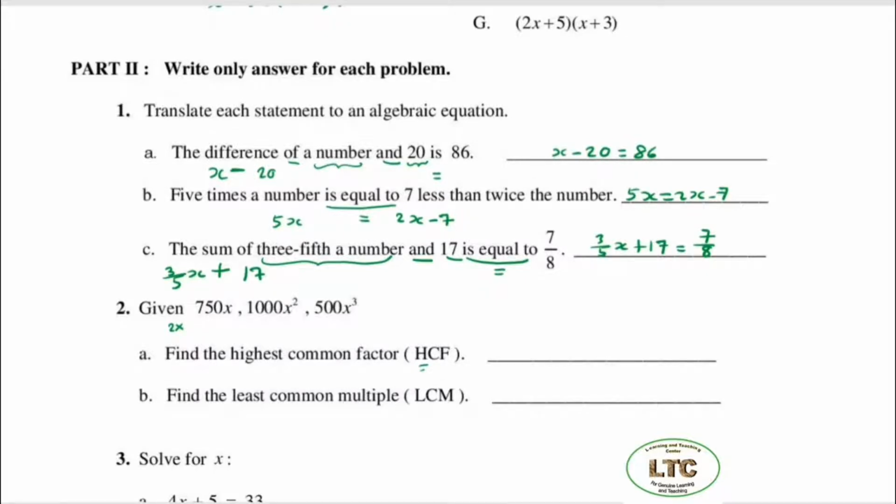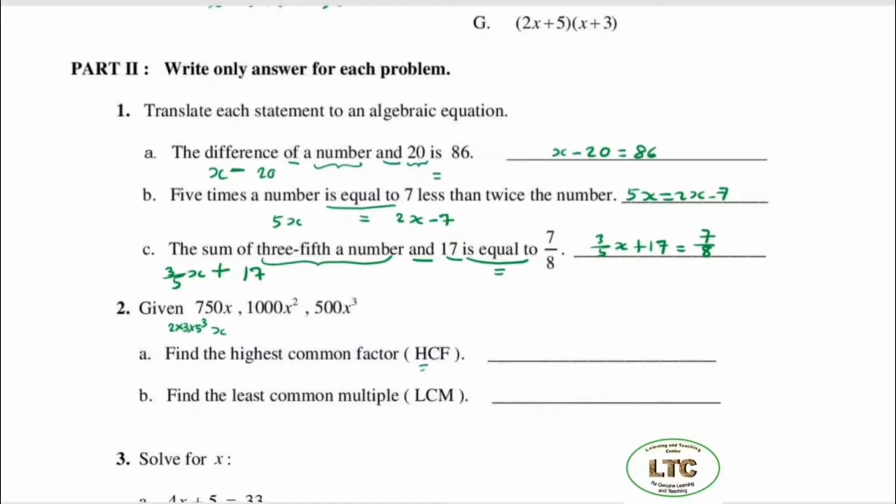So 2 times 3 times 125. 125 divided by 5 is equal to 25. 25 is 5 squared, therefore 5 power 3. 5 power 3 is 125. 125 times 2 is 250. 250 times 3 is 750.